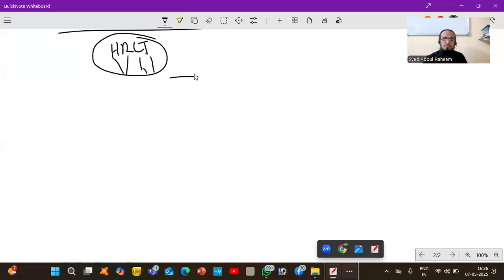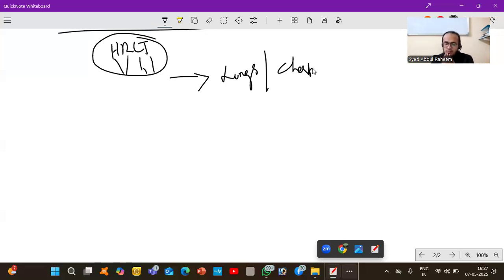Mostly it is advised for lung or chest. You heard about it mostly during COVID, when doctors advised HRCT to completely see the internal structure of the lungs.